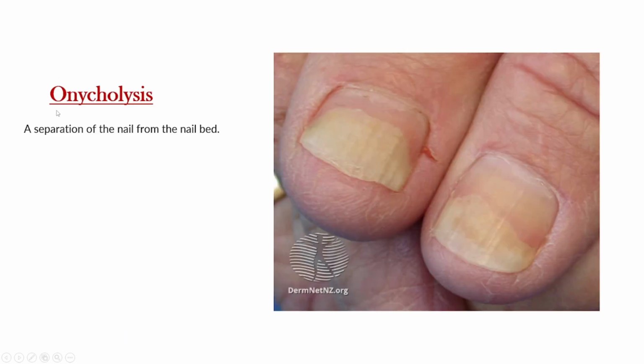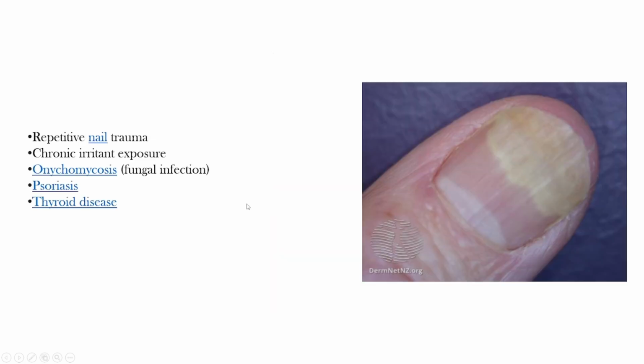Now, the second thing, we will have onycholysis. It's the separation of the nail from the nail bed. So this is the nail, and the nail bed is the place under it. This white area is where there is a space between the nail and the nail bed. That's why it's lighter than this part. Here's the same thing. This is normal.